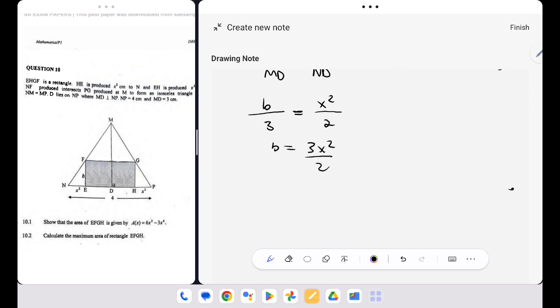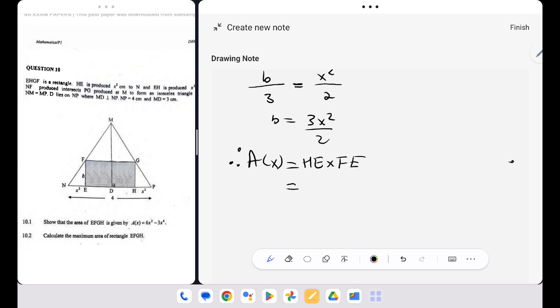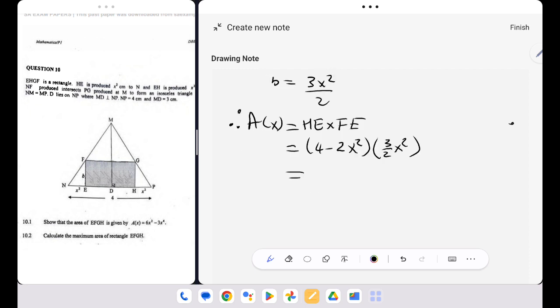So now, when I find my area, my area will be EH multiplied by FE. I know that EH is 4 minus 2x squared, and FE is 3 over 2 x squared. Whenever I multiply these, I'll get 6x squared minus 3x to the power 4. Yeah, we worked there for 4 marks.